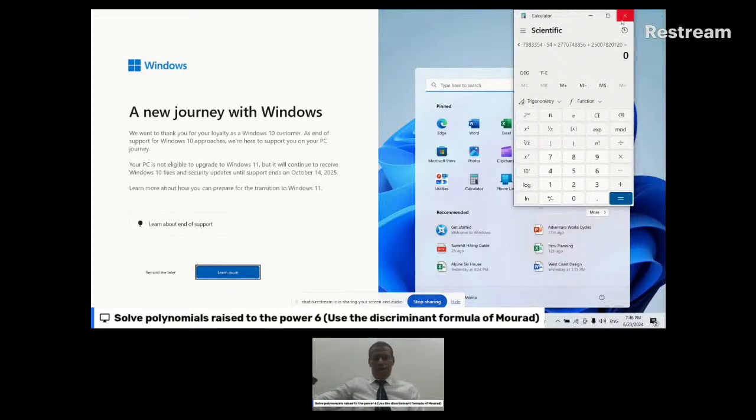New journey with Windows. We want to thank you for your loyalty as a Windows 10 customer. As end of support for Windows 10 approaches, we are here to support you on your PC journey. Your PC is not eligible to upgrade to Windows 11, no need.